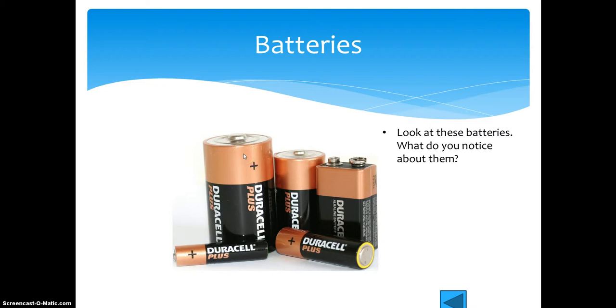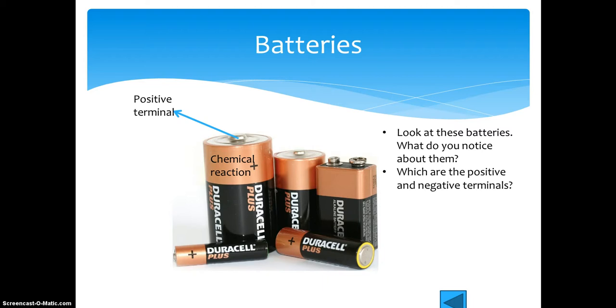Another thing that you have to take note about batteries is that there are chemicals inside these batteries, and they create electricity through a chemical reaction. They also have these things called positive terminals and negative terminals. Are you able to identify which are the positive and negative terminals? This is a positive terminal and this is a negative terminal.